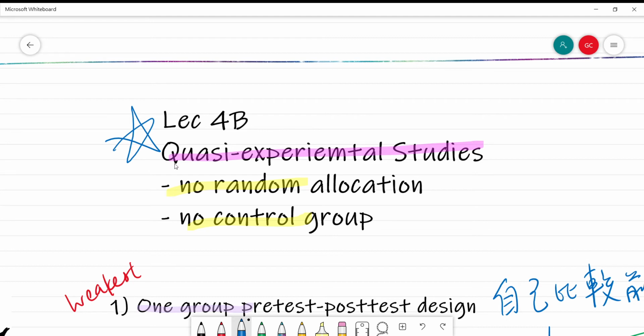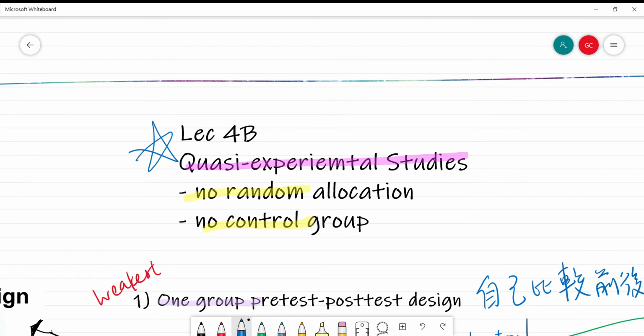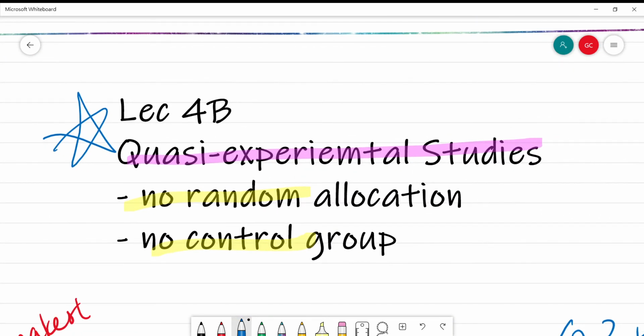The two necessary requirements for a quasi-experimental study are that there is no random allocation of subjects, and also there is no control group. It is definitely different from and opposite to the true experimental study that I've introduced before. So if you are interested in the true experimental study, you are welcome to see the previous video.